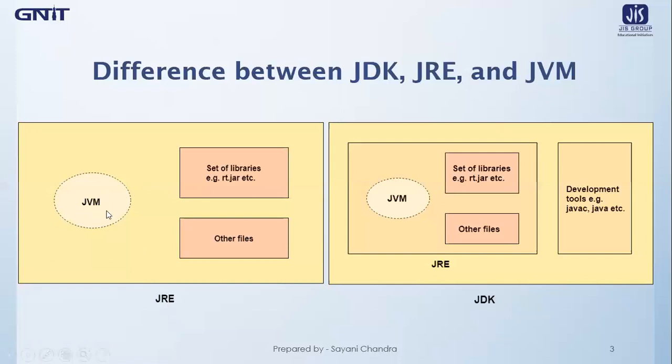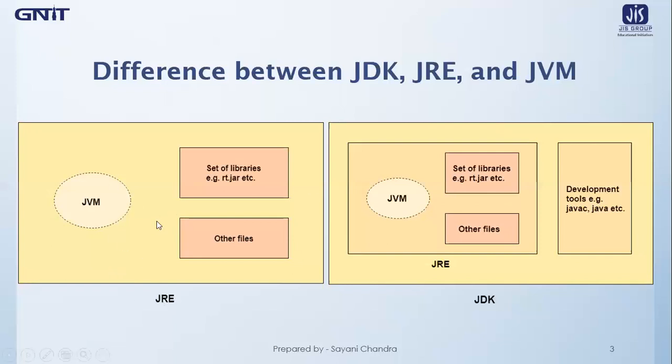So in order to display the output or in order to execute a bytecode or .class file, this JRE is needed by JVM. That's why the runtime environment should be there. Otherwise, the JVM cannot interpret and cannot execute the program. So in that case, no output will be produced.